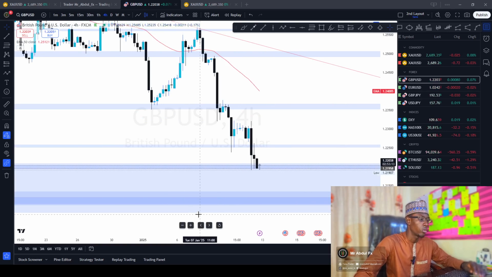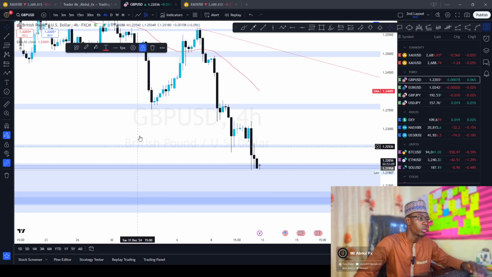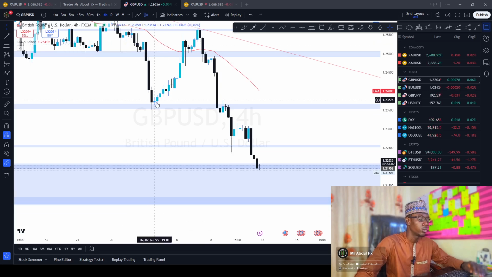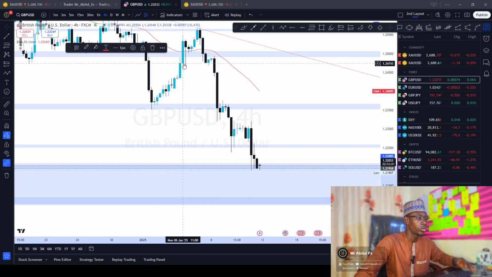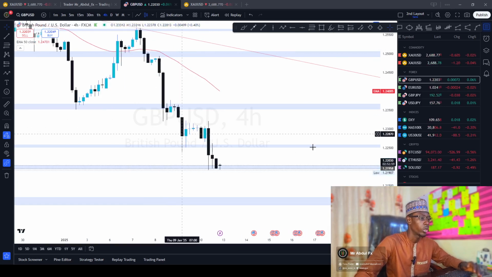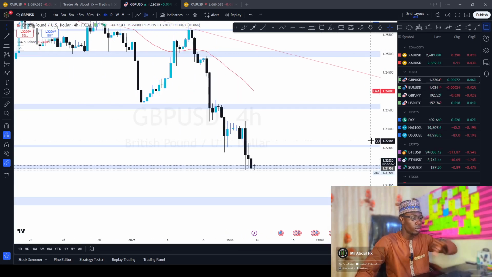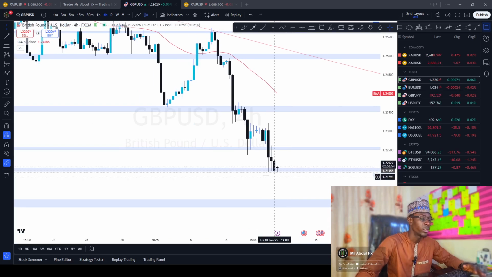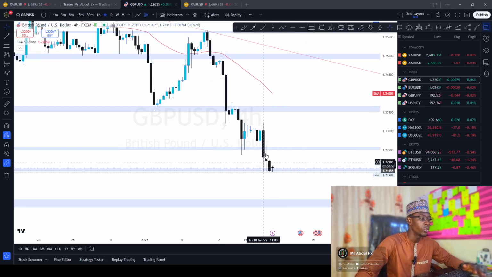This is not supposed to show here because it is from the monthly, and it needs to go. Sorry, I need to delete this. Okay, so if you look closely at this key level, you are going to see that this strong 4 hour candlestick failed to break this key level.